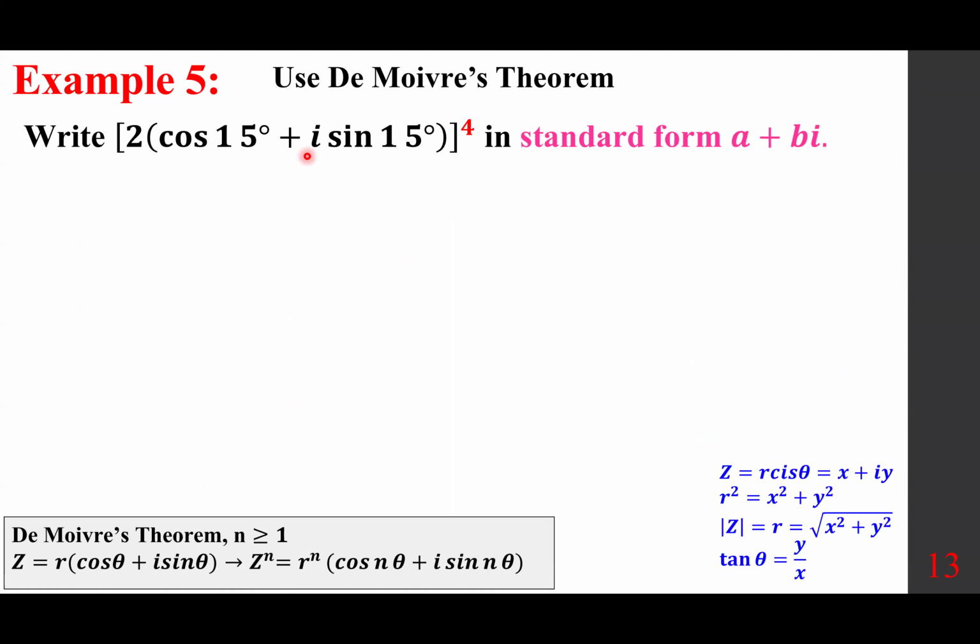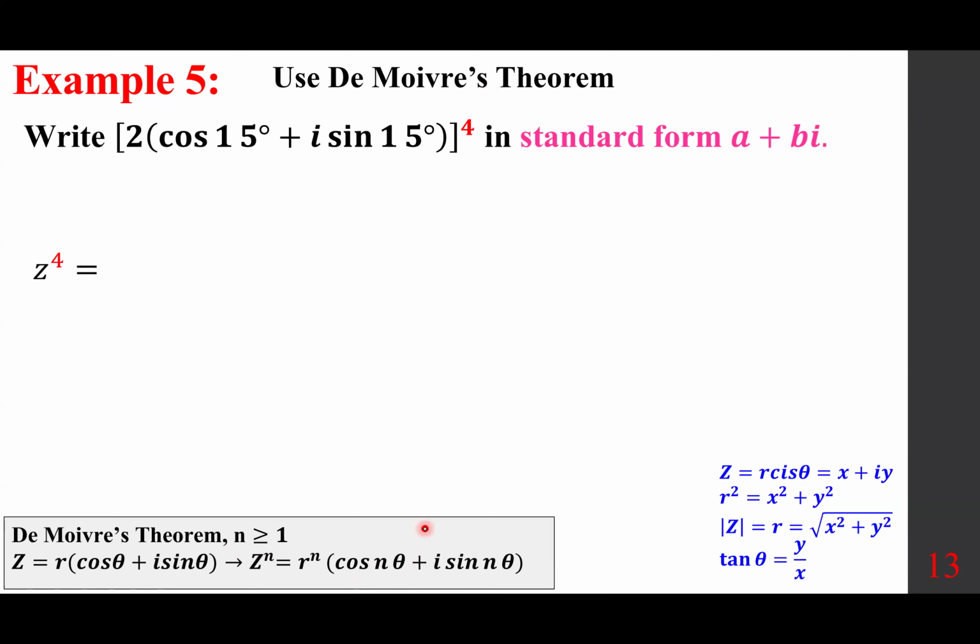Use De Moivre's theorem. Write 2 times cosine of 15 degrees plus i sine of 15 degrees, to the power of 4. Well, according to De Moivre's theorem, if you have z equals r cis theta and you want to raise it to the power of n, you raise the modulus to the power of n, and then you multiply the argument by n.